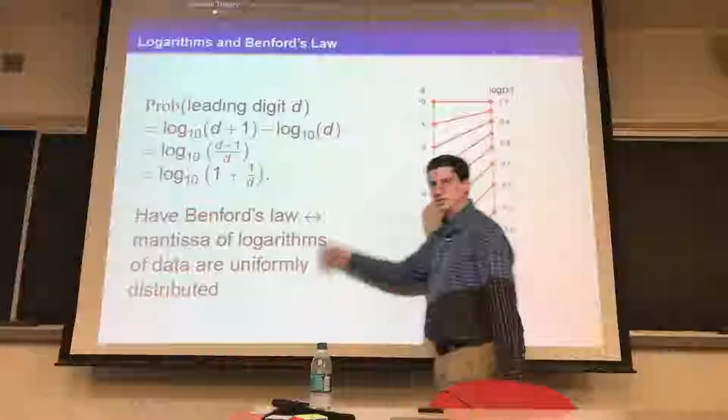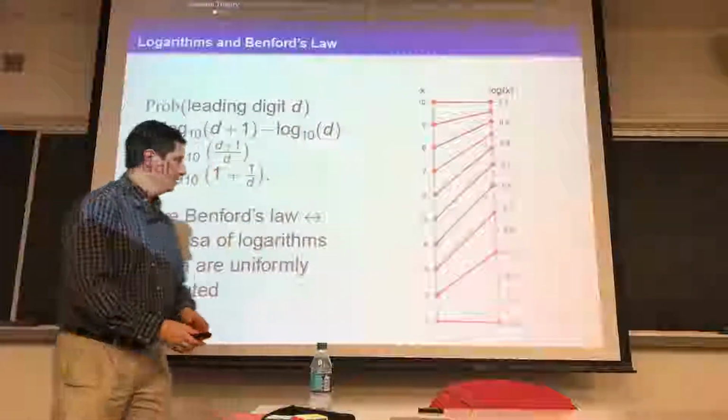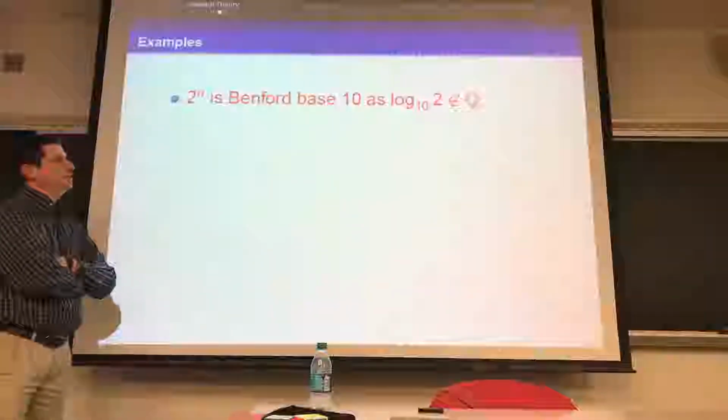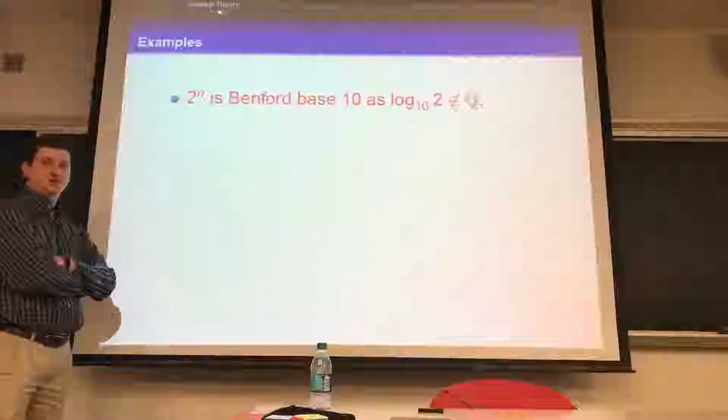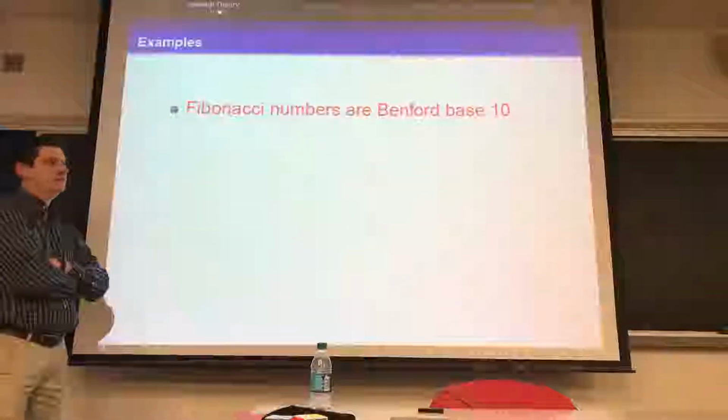And you can see when you sum it, we'll sum all the way up to 1. Here are our probabilities. All right. So 2 to the n is Benford, because the log of 2 base 10 is irrational. So Fibonacci numbers are Benford.